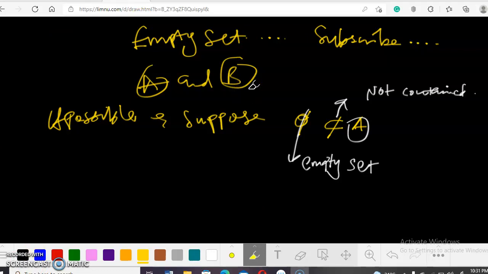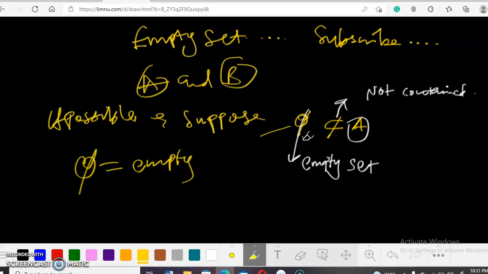What this implies is that there is at least one element in this empty set that is not in set A, because we are saying that this empty set is not contained in set A. So it means that there is at least one element in this empty set which is not in A. But this contradicts the definition of empty set, because we know that an empty set is simply empty.